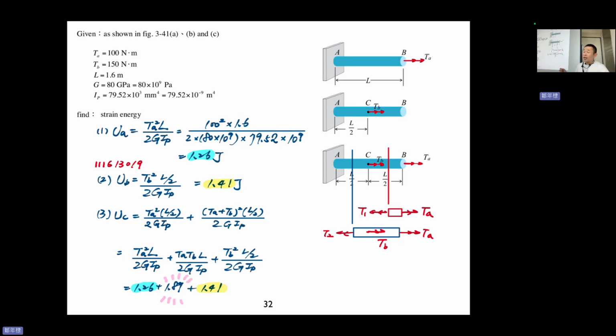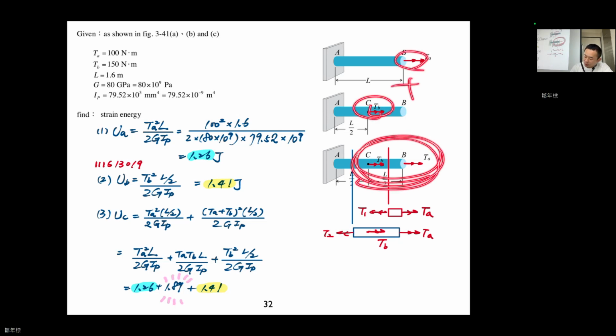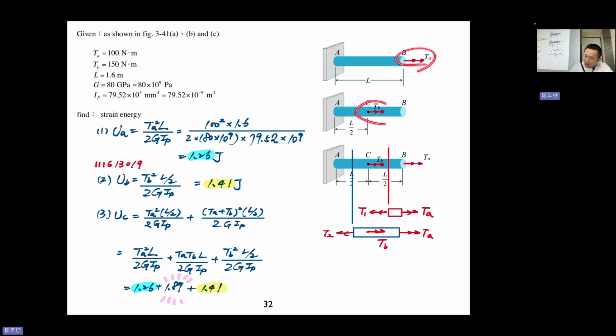So again, although these two loads are combined, TA plus TB equal to the case like this, your energy cannot be summed together. You need one more extra term. You cannot add in the strain energy part.